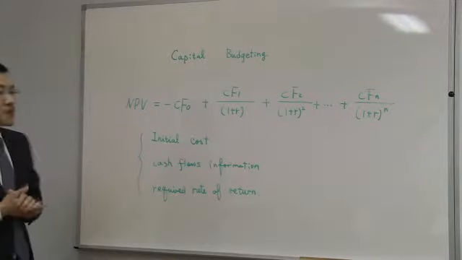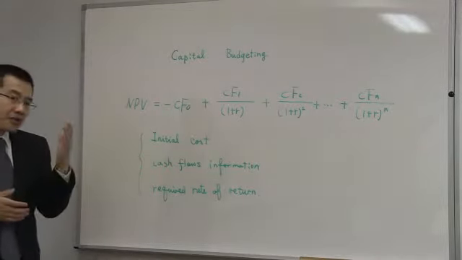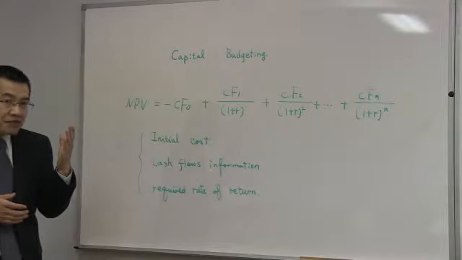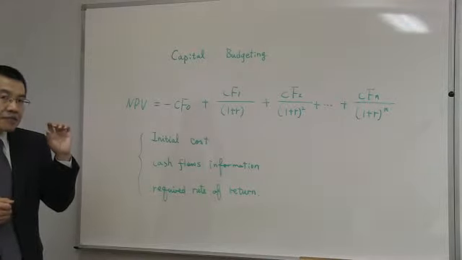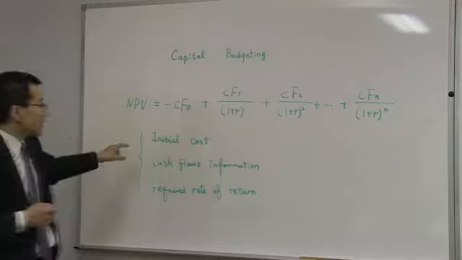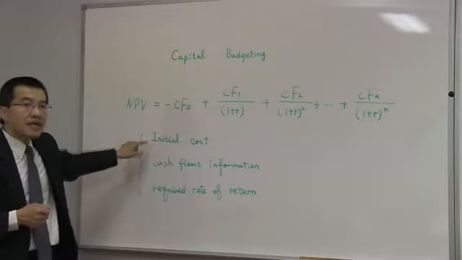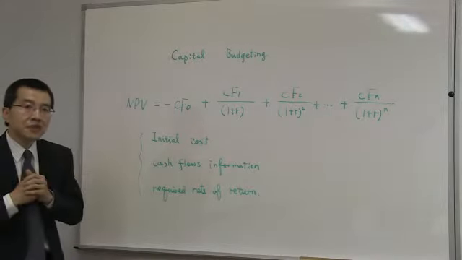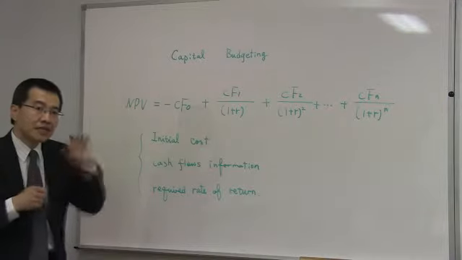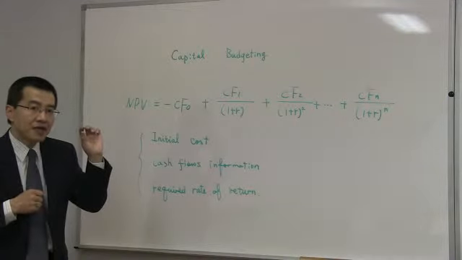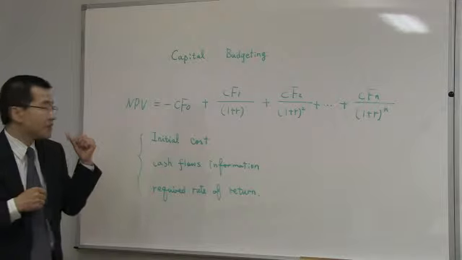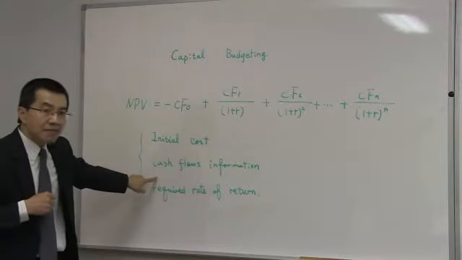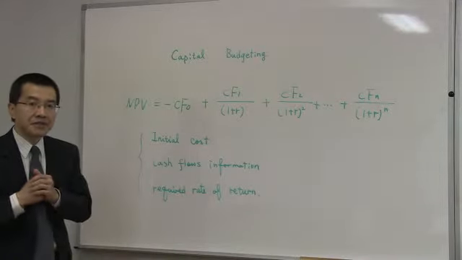If you want to do capital budgeting, it usually requires a lot of information. There are three basic information sets required here. The first one is the initial cost. If you want to start the project, what's the cost related to that project? The second part is the cash flow information.